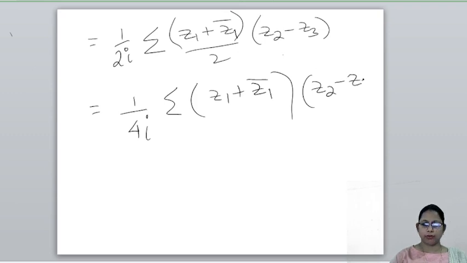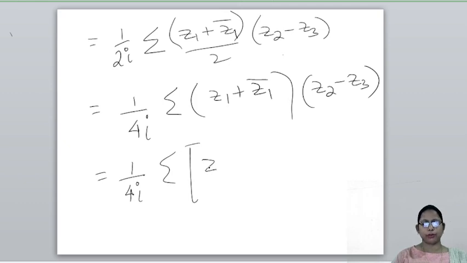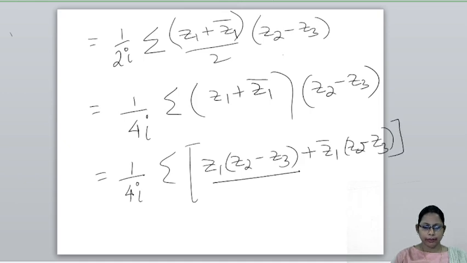In the next step, expanding this one, this is z1 times z2 minus z3 plus z1 conjugate times z2 minus z3. Here this determinant is 0.